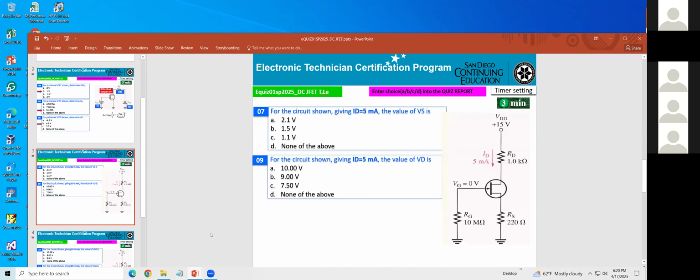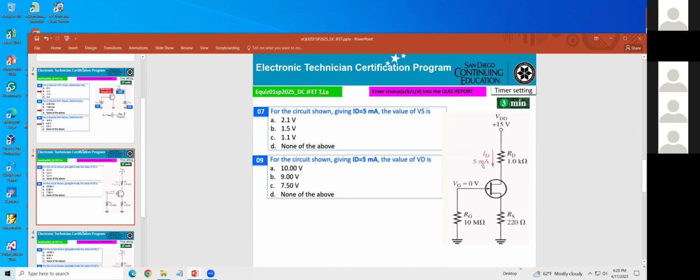Okay. Next. Voltage divider bias. No, that's self bias. Sorry. Self bias. However, we don't need the graphic. That's why they gave it to you.